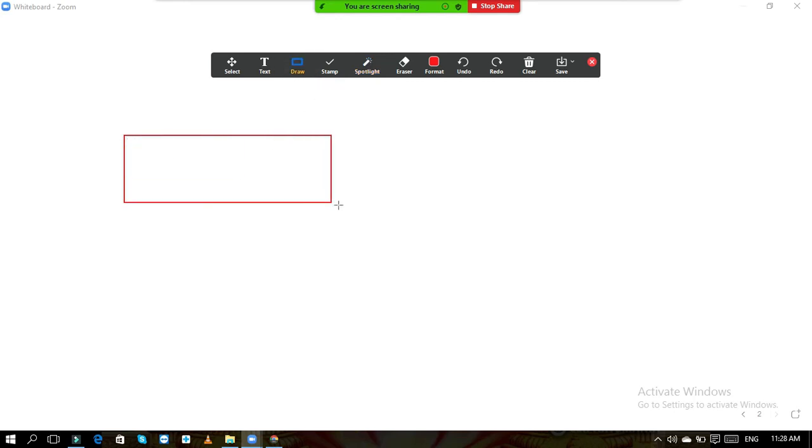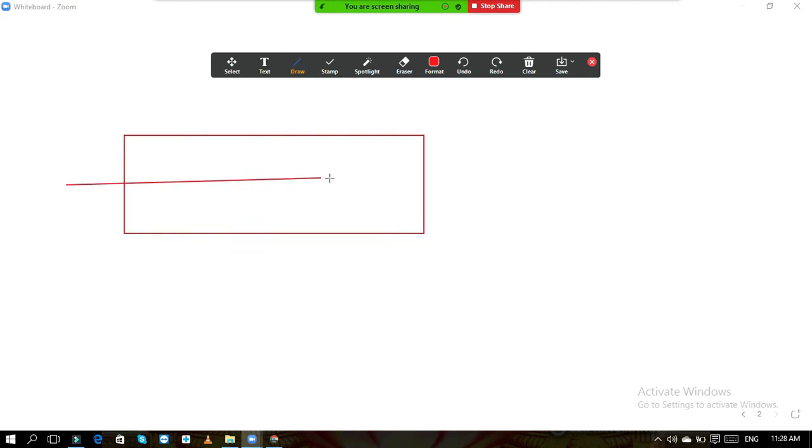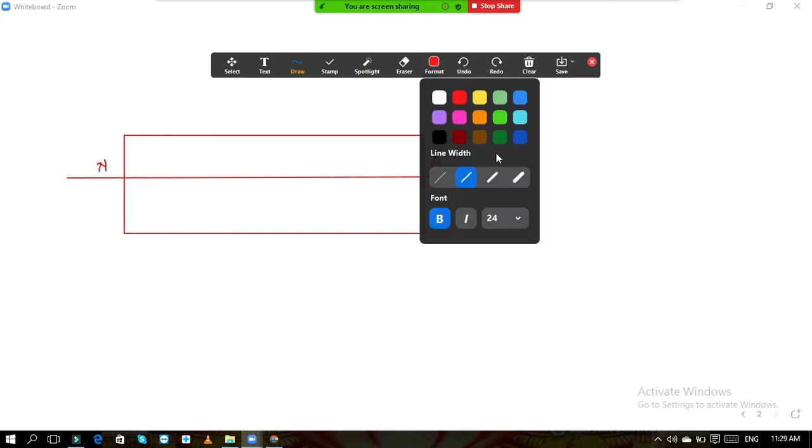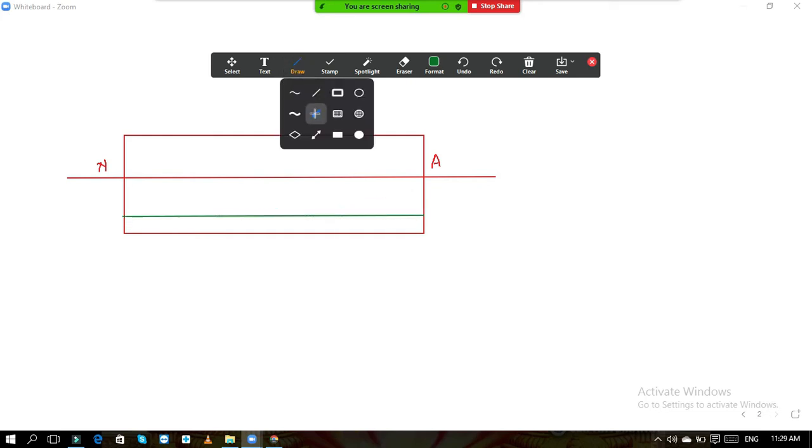Now again, if we draw the same diagram, this is our neutral axis. Suppose this is your P line.